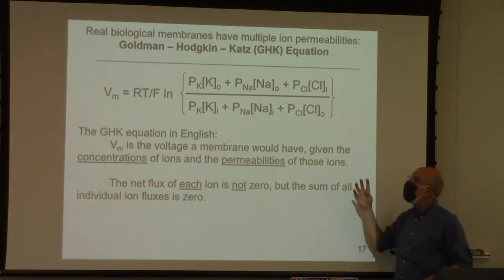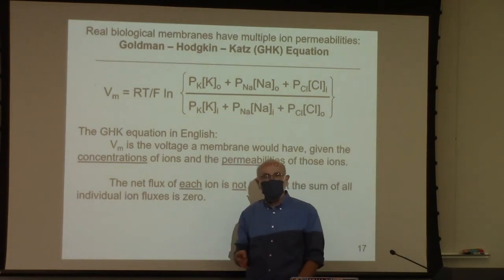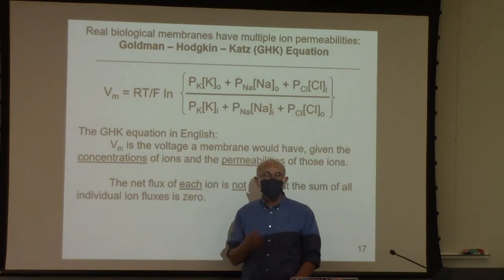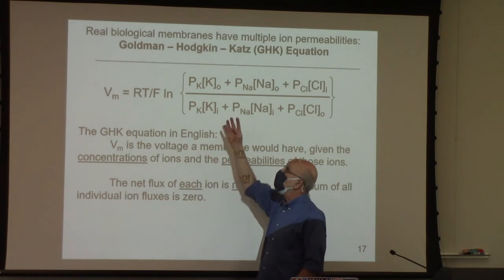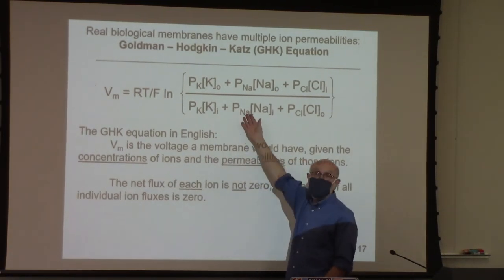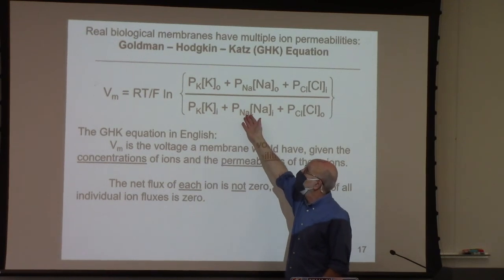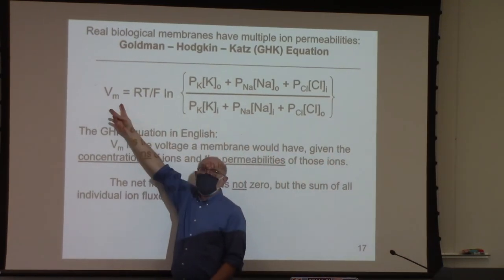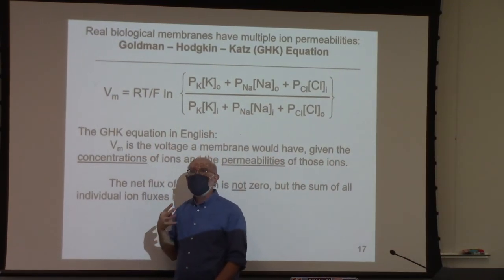There's an equation that, again, you don't have to memorize, you do not even have to use, because it's embedded in the calculator that you're going to use online. But this is the equation. What does this mean in English?